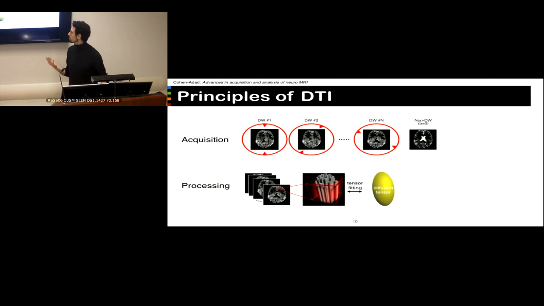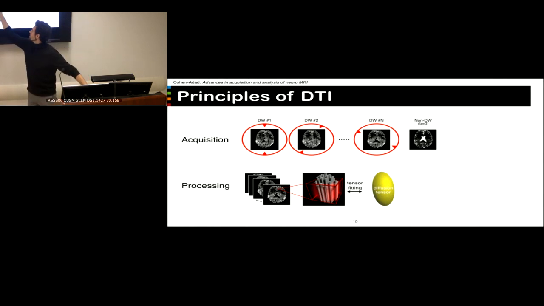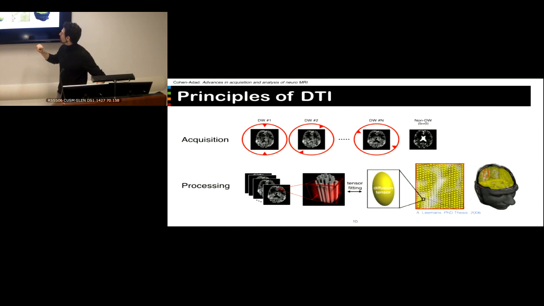It's a 3x3 matrix, so it's a fairly robust fit that we do with all those images in each voxel of the image. And then if we map this diffusion tensor, you basically have a map of how the water diffuses in each voxel of the brain.